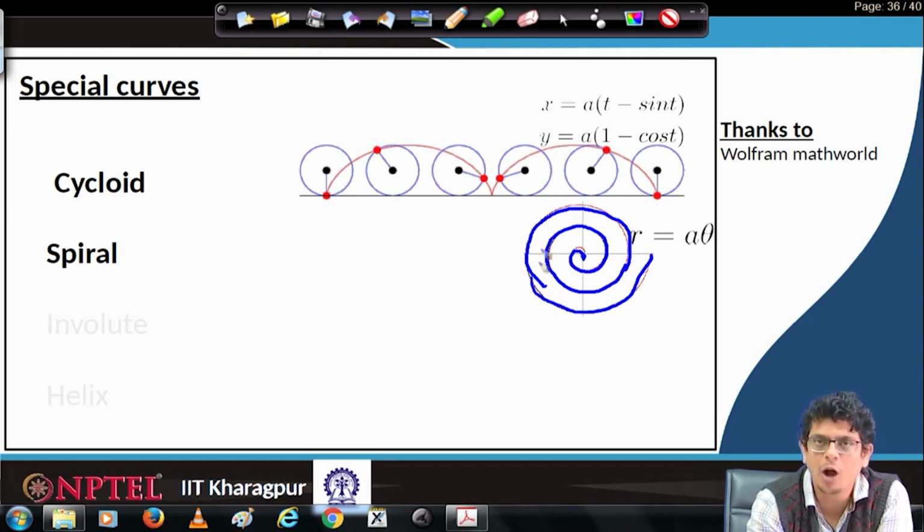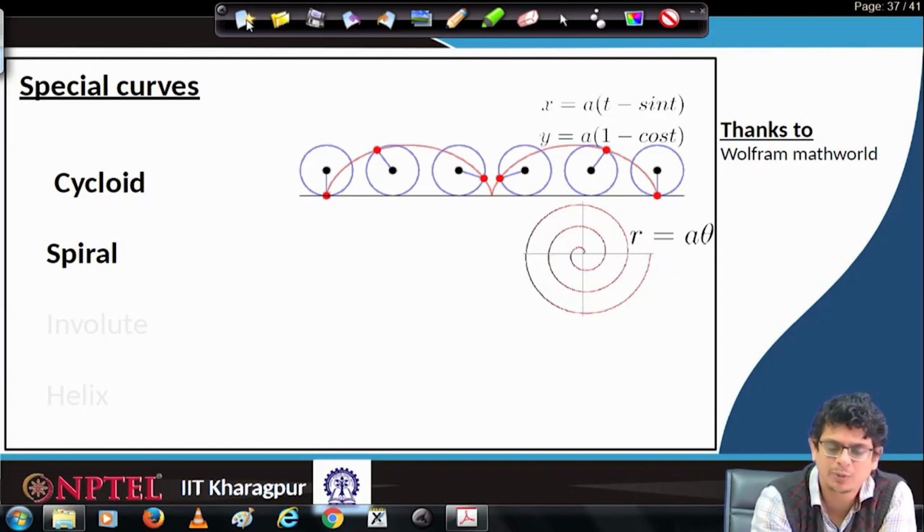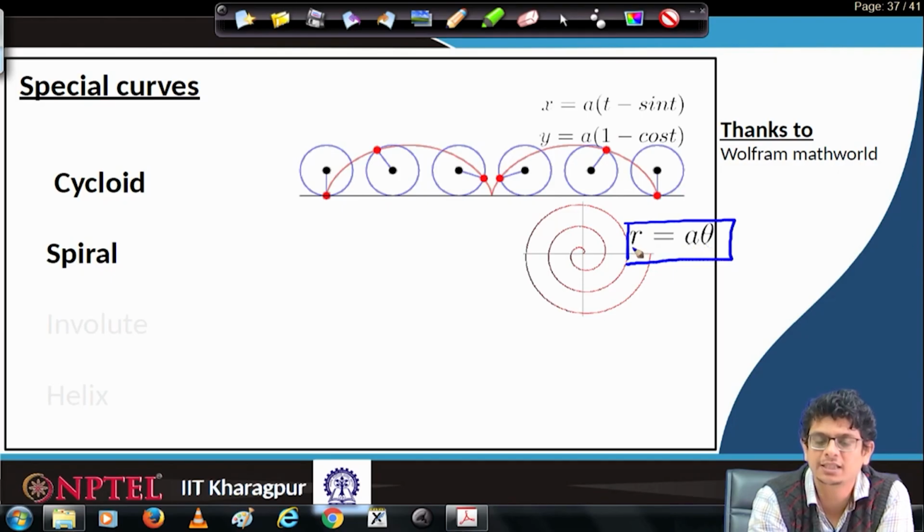If we are moving outside, the radius increases; as I go inside, the radius decreases. This kind of curve is called a spiral, and the equation for a spiral is r is equal to a theta. As theta increases, r also increases for a positive value of a, and for a negative value of a, r decreases as theta increases.